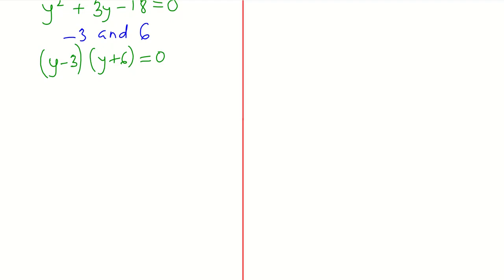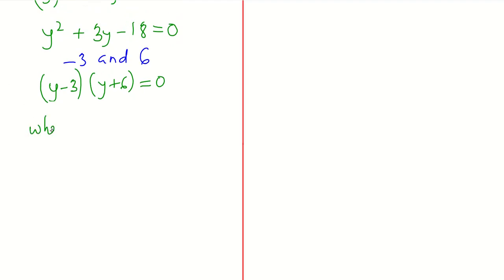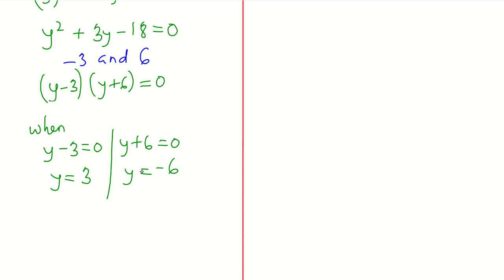When y minus 3 is equal to 0, then y is equal to 3. That's a positive root. And when y plus 6 is equal to 0, then y is equal to negative 6. Now, one of the roots of the quadratic equation is negative. So how are we going to get the value of x?